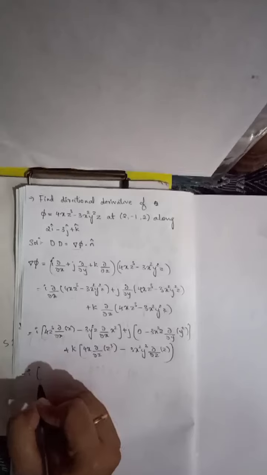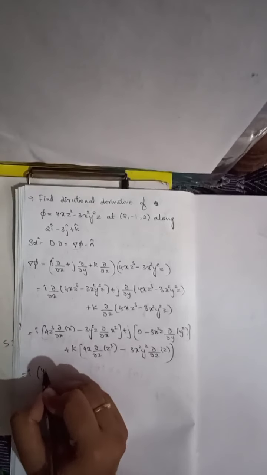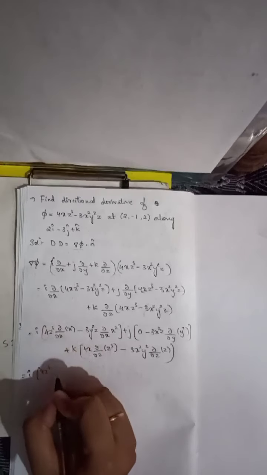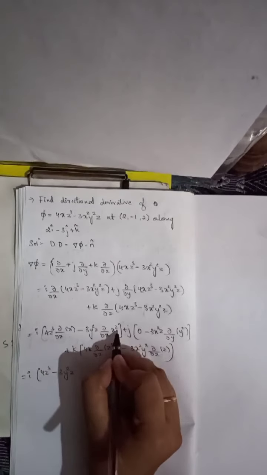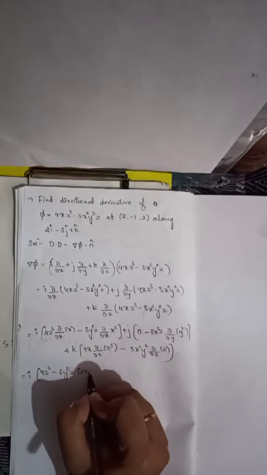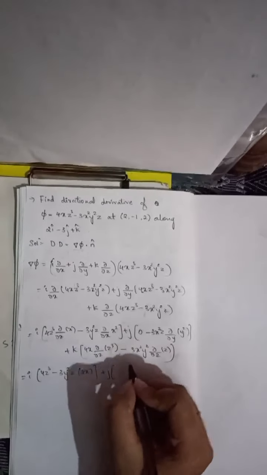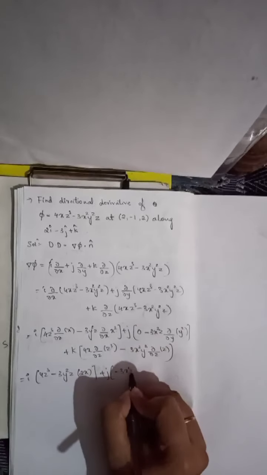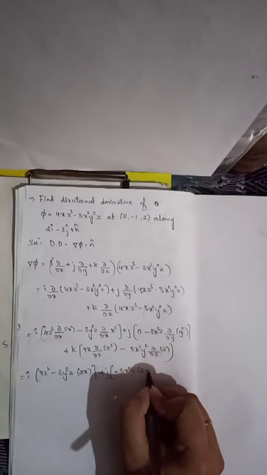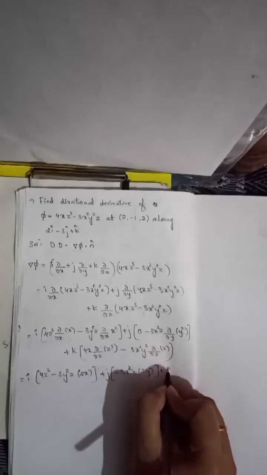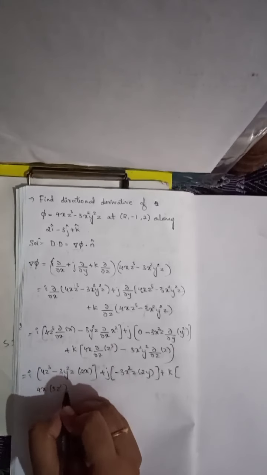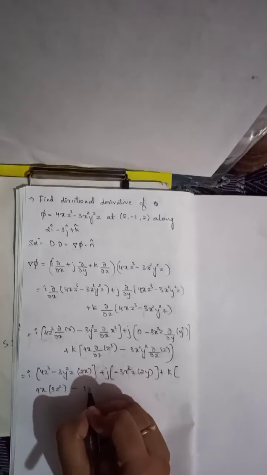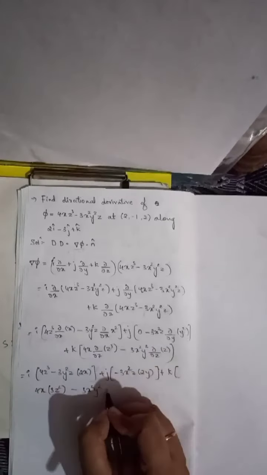So finally you get i into 4z cube, because x with respect to x differentiation is 1, minus 3y square z, differentiation of x square is 2x, plus j into minus 3x square z, y square differentiation is 2y, plus k into 4x, z cube differentiation is 3z square, minus 3x square y square, z with respect to z is 1.